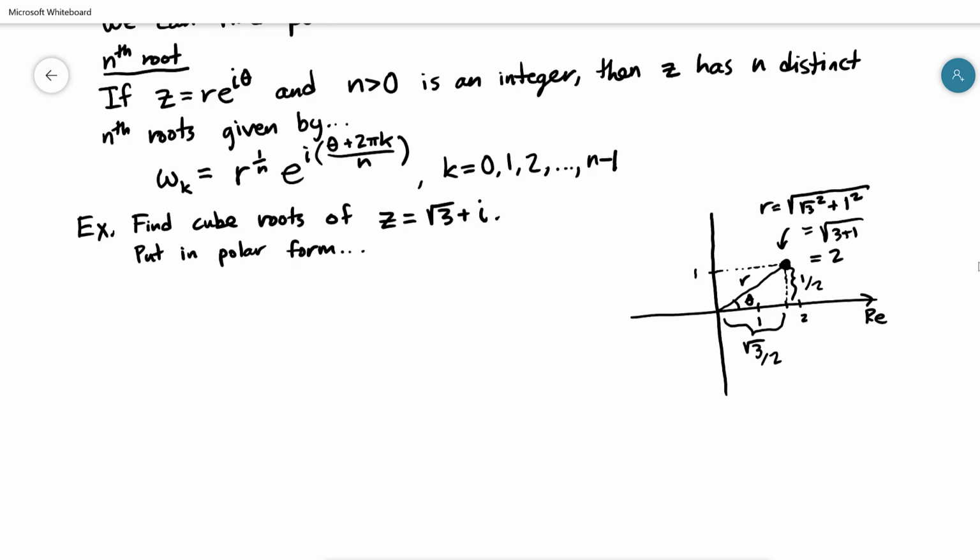So let me delete those, but that is pi over 6 right there. So in polar form, our z is going to be 2e to the i pi over 6. And so now we can find, in this case, our 3 roots. So z has 3 cube roots.